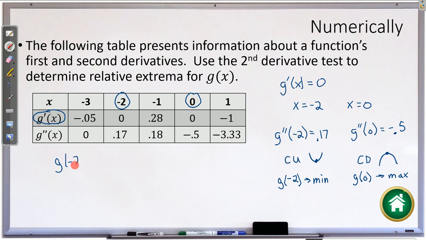G at negative 2 is a relative min because g prime at negative 2, the first thing we found out, is equal to 0, and g double prime at negative 2 is positive.